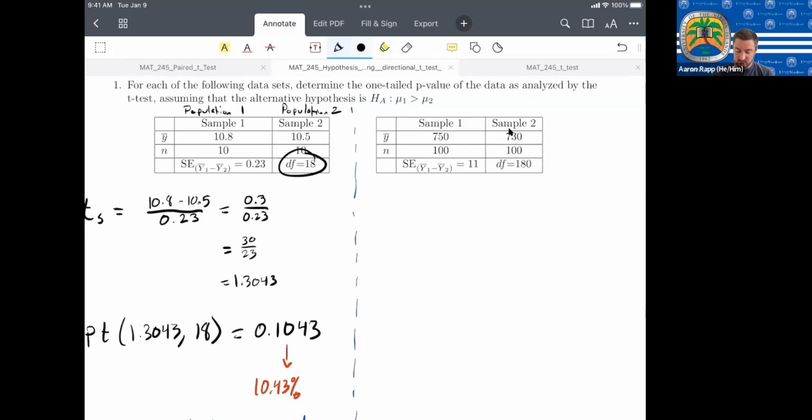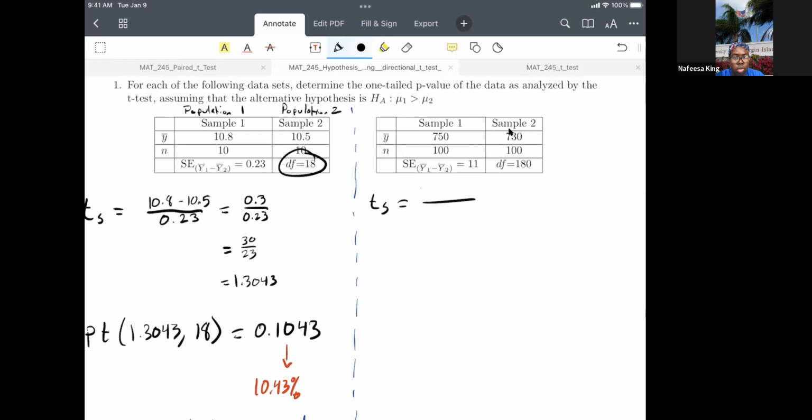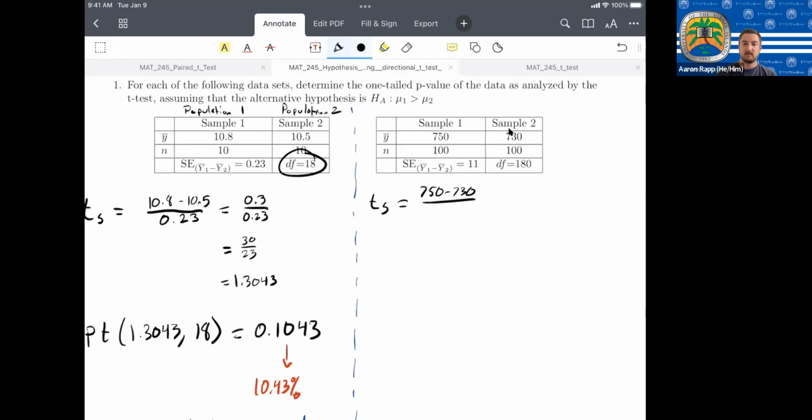So again, I need to calculate a test statistic from this data. For the test statistic, what will be in the numerator? 750 minus 730. And then the denominator, I'm dividing by my standard error for the difference in the sampling distributions, which is what? 11.